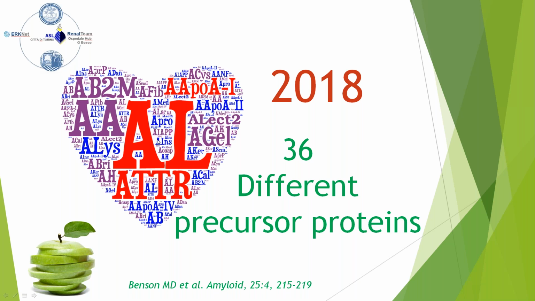As you can see in this picture, the form associated with light chains of immunoglobulin, the form associated with serum amyloid A protein, and the form associated with transthyretin are the most frequent forms of amyloidosis. And as you can see, the heart is the organ most frequently involved in amyloidosis, naturally followed by the kidney.